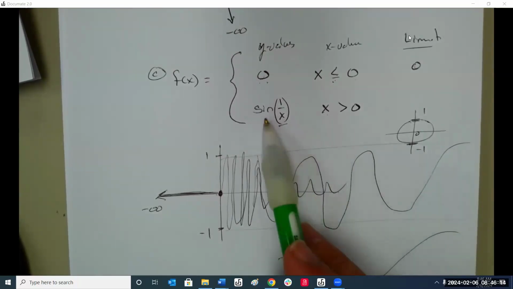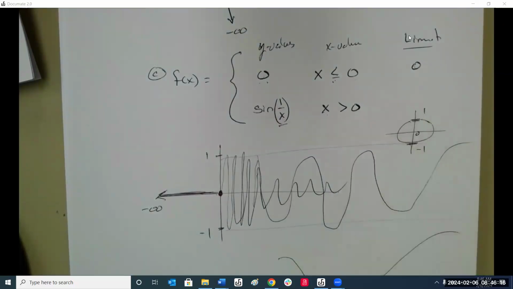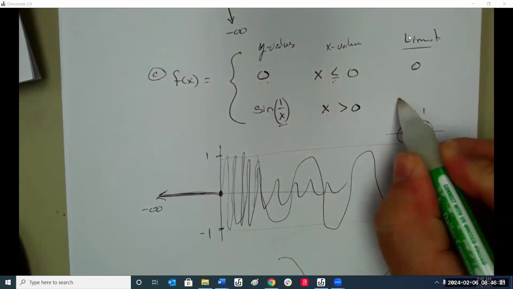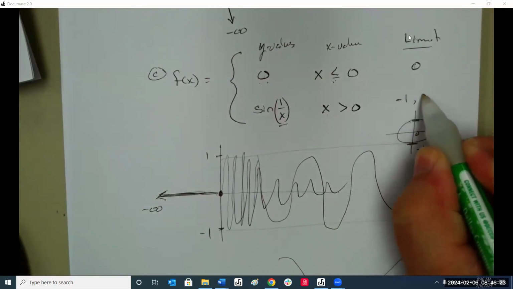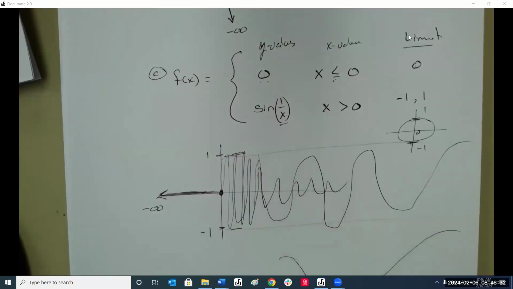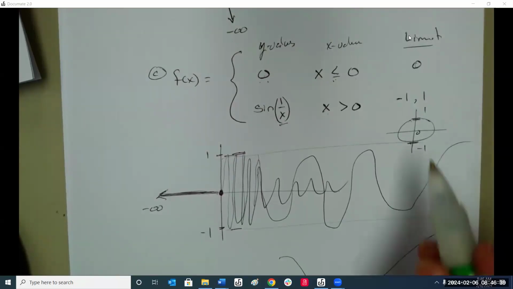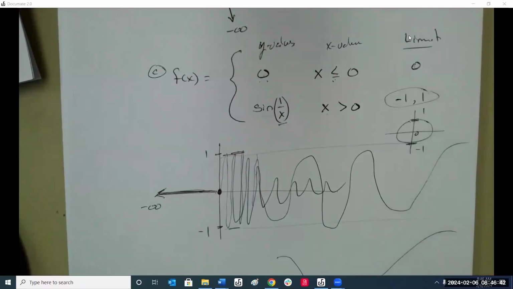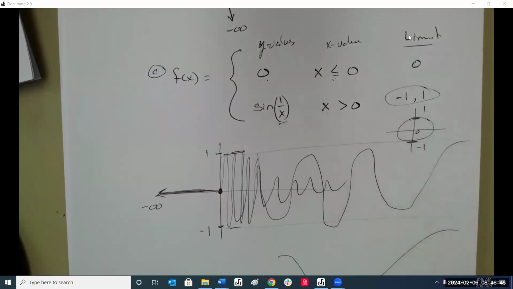So does this function approach any limit? An oscillating function approaches positive and negative, whatever the highest and whatever the lowest. Oscillating functions do not have limits. So this one, the limit doesn't exist. And are they the same? No.